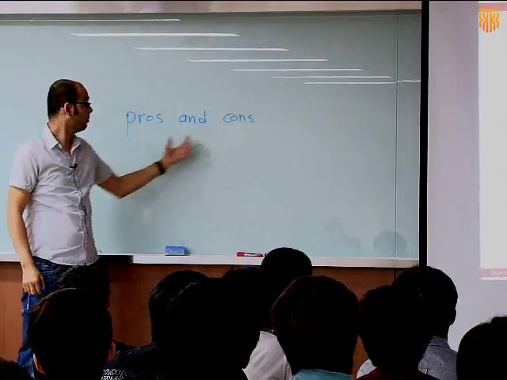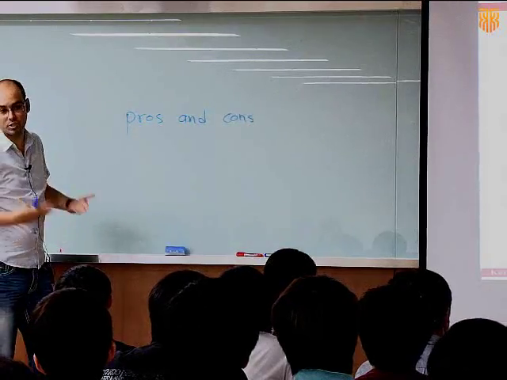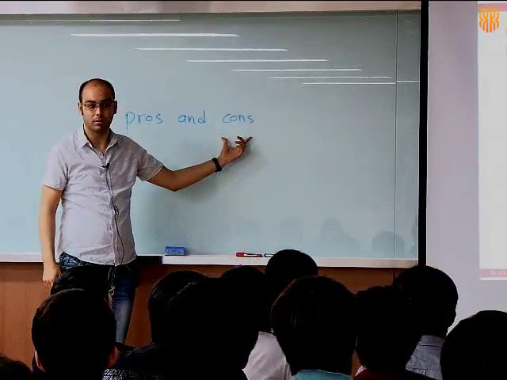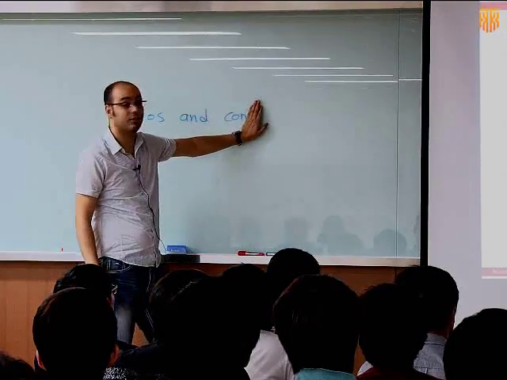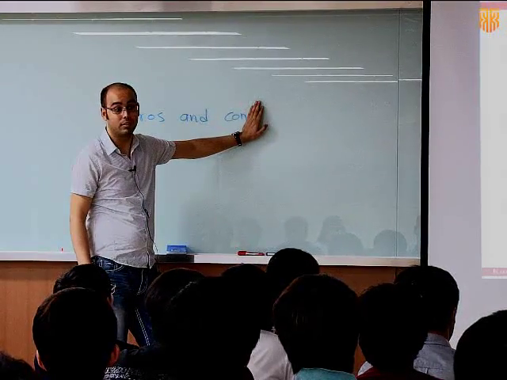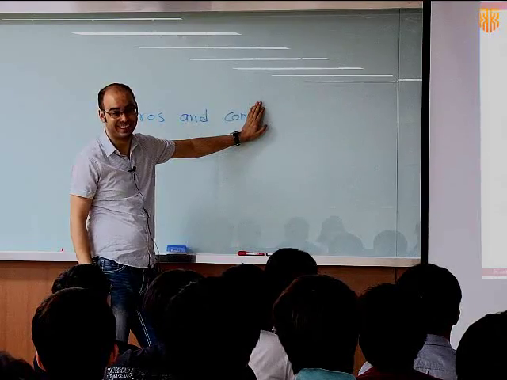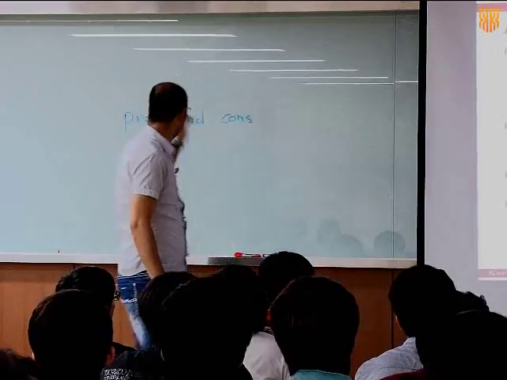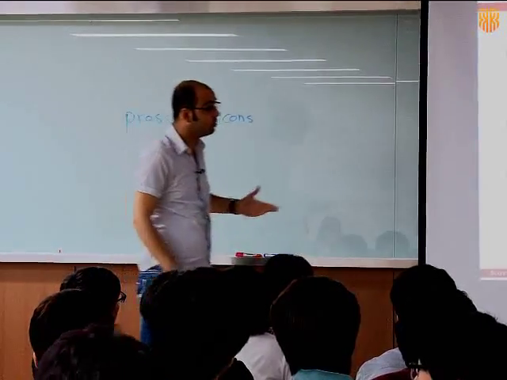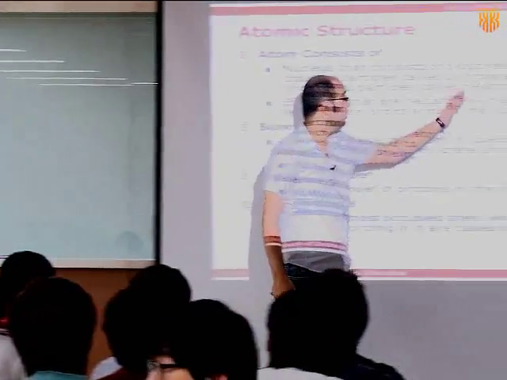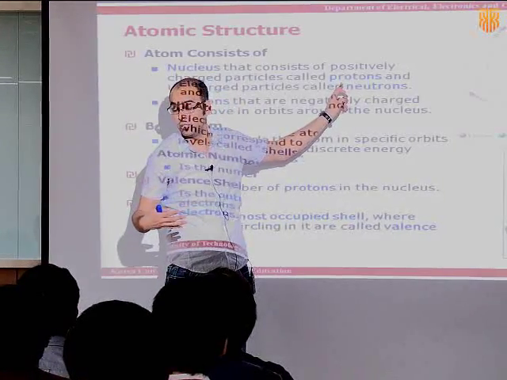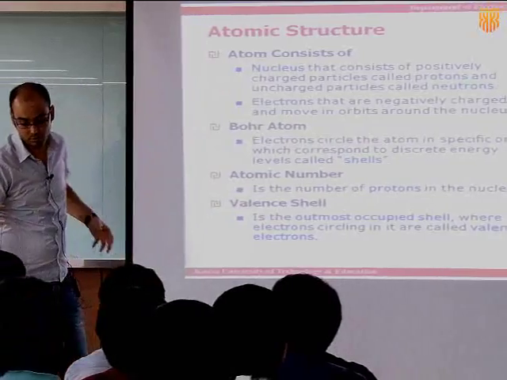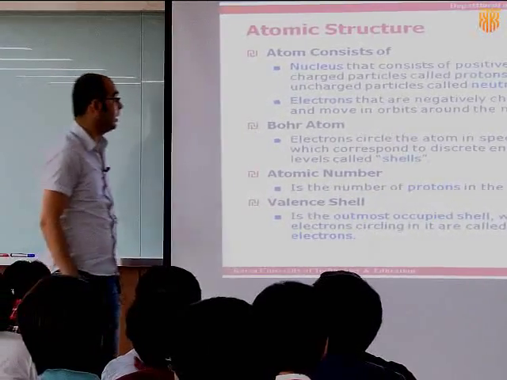Pro means positive opinion. Cons means negative opinion. Do you know what this one means in French? Means stupid. So take care, okay? So this one, a pro, means it is positive, okay? Positive items or particles.